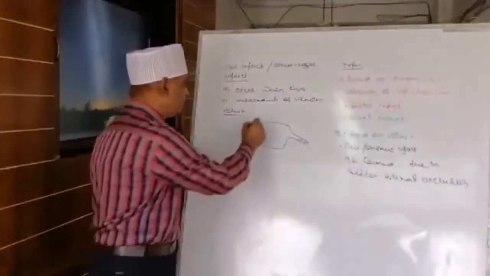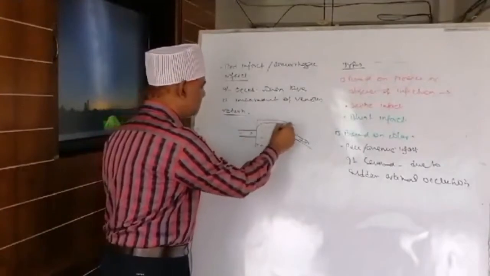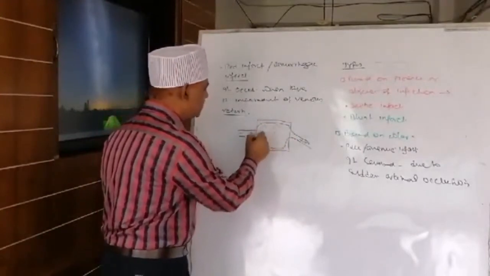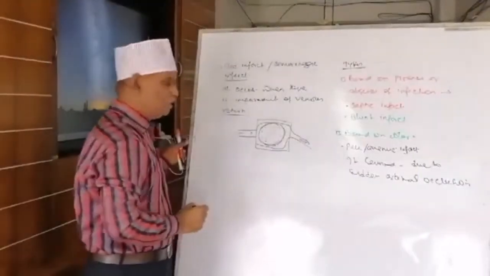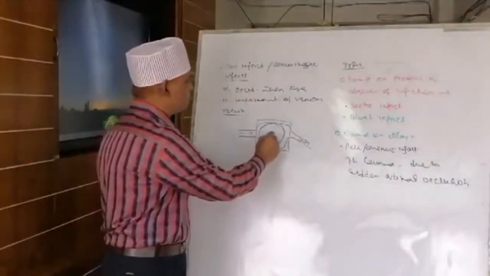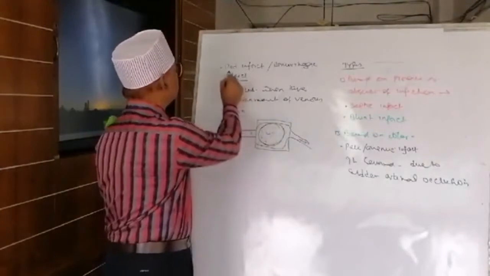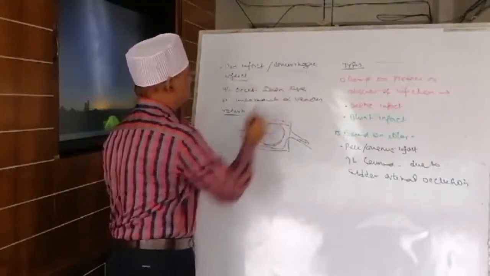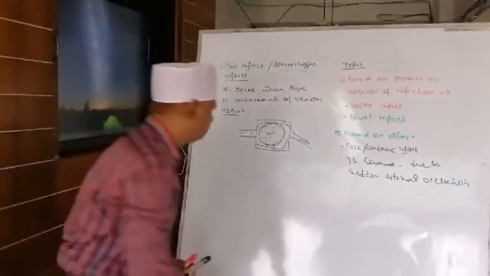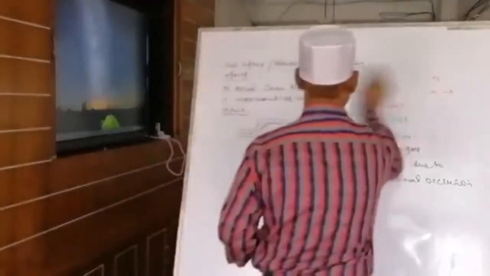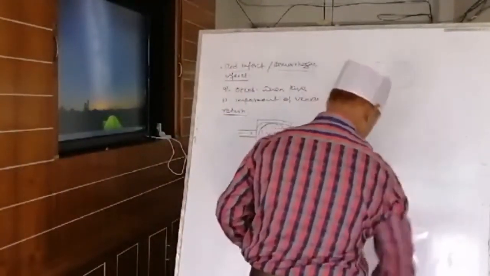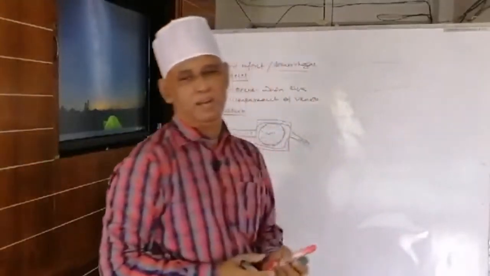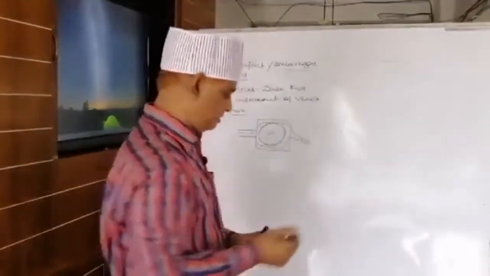At that moment, the tissue undergoes necrosis, but there is presence of deoxygenated blood here. So due to presence of deoxygenated blood here, the infarct becomes red, or it is called hemorrhagic infarct. Dear audience, now come to red infarct.